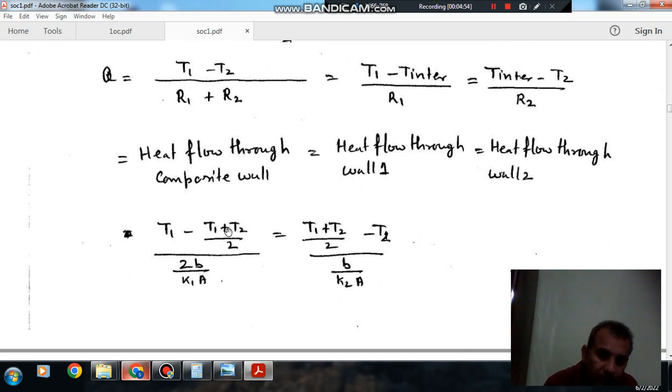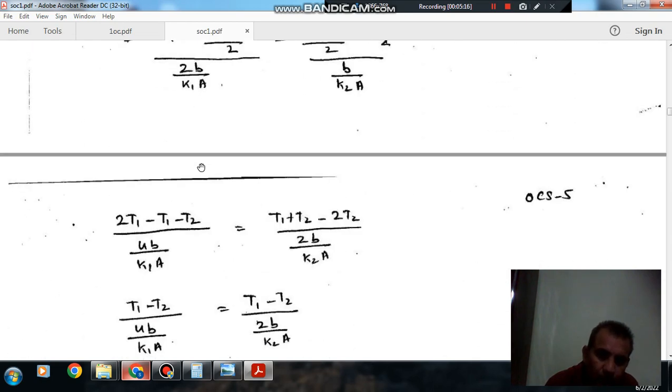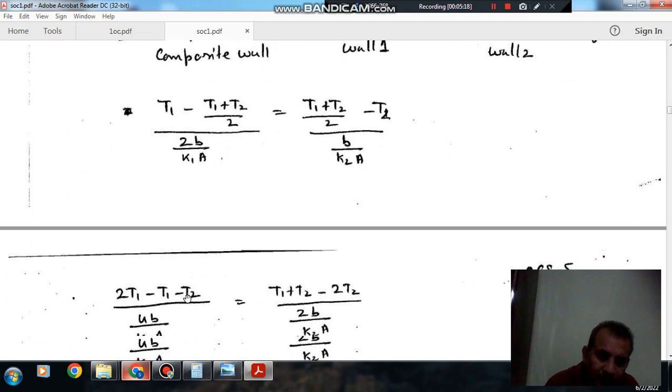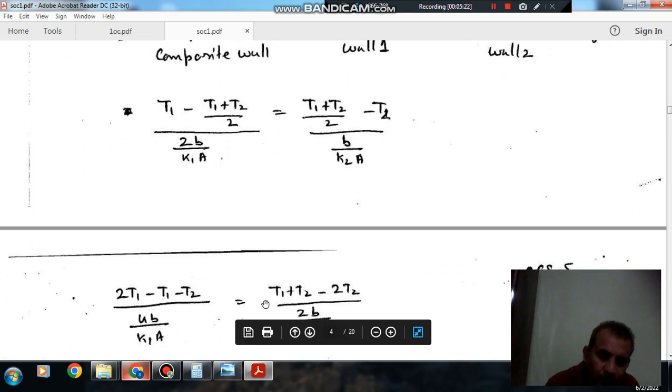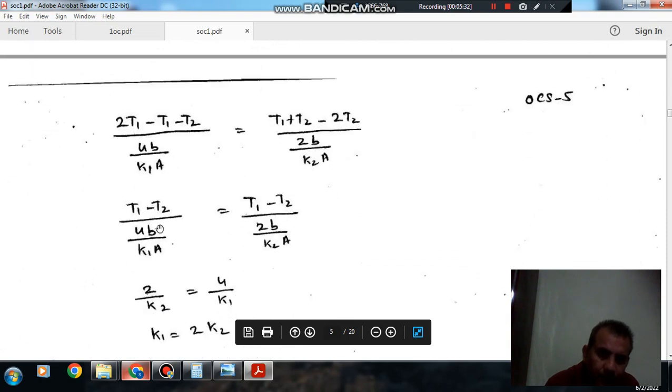So taking R1 as 2B by K1A and R2 as B by K2A, and putting the value of T inter as T1 plus T2 by 2, and solving this by taking the LCM, we get T1 minus T2 over the terms with 4B divided by K1A and 2B divided by K2A.